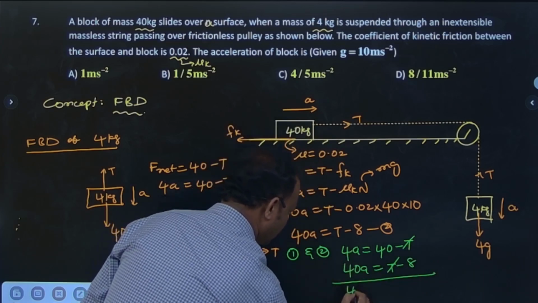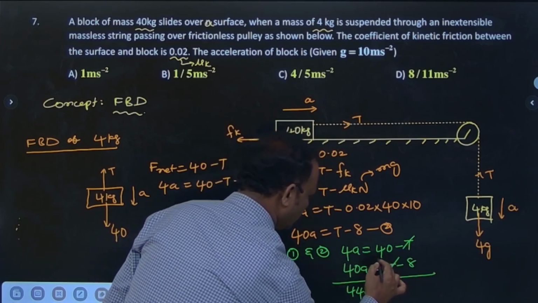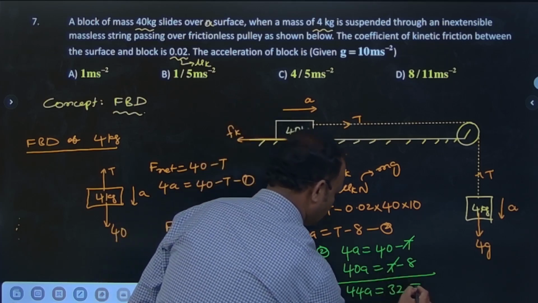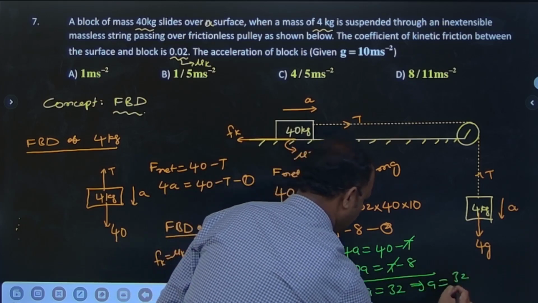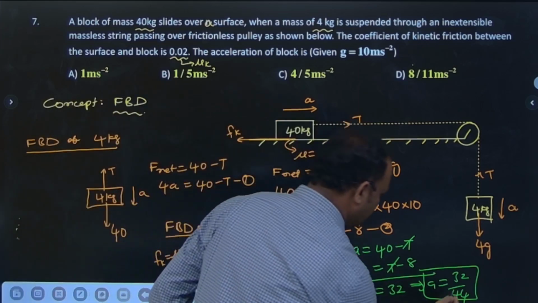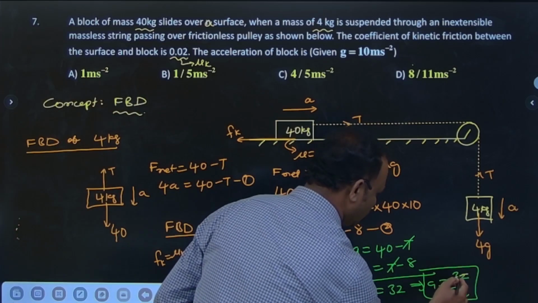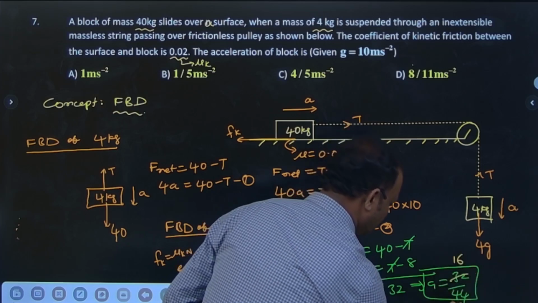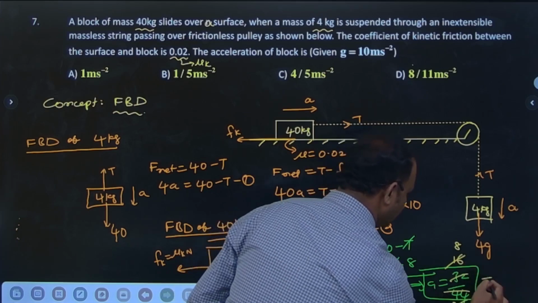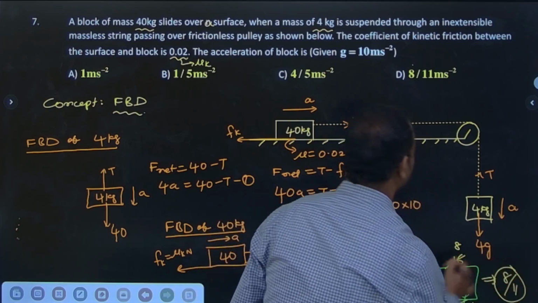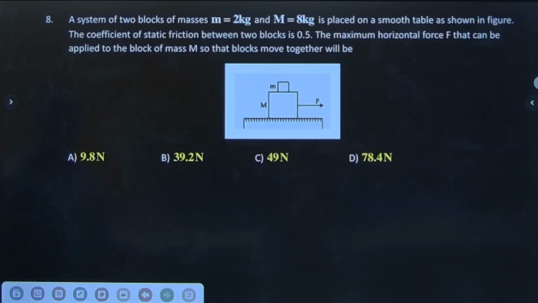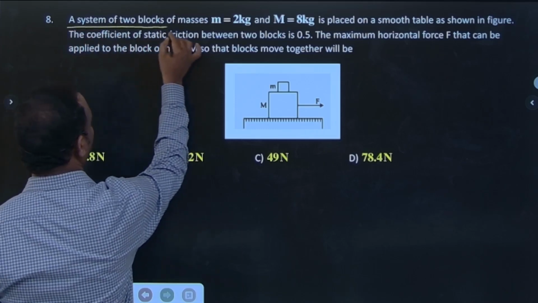So 44a equals 40 minus 8, which is 32. So a equals 32 by 44. Now you cancel it: 4 ones are 4, so it becomes 8 by 11. So option D is correct.